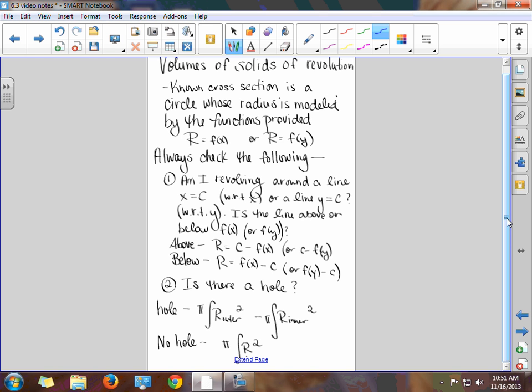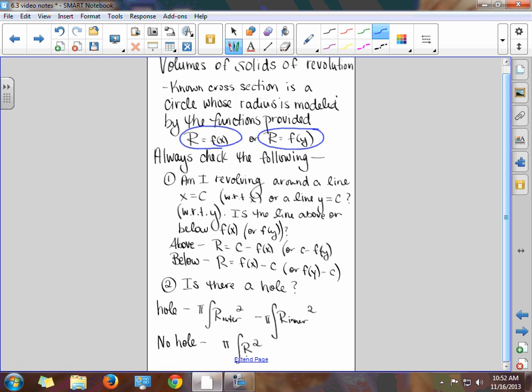And then we would take whatever function we created to model that side and plug it into the formula for that area. But now, since we're just using circular disks, we're only using the formula for a circle, which is pi r squared. All we have to do is use our function to model the radius, and then plug this radius into the formula for a circle, pi r squared.